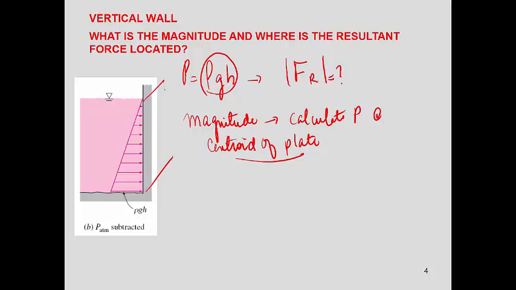So here I have my wall, and if I have this h distance, I will calculate the magnitude at h over 2. But the location of that resultant force is not there. The location, you have to look at the centroid of the distributed load. That's where the resultant force is located.